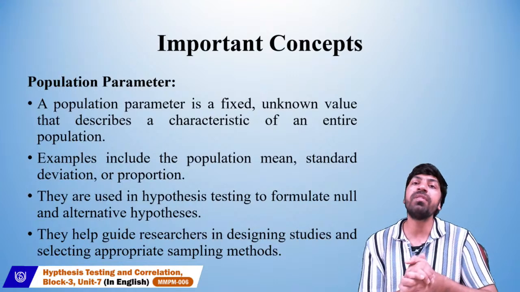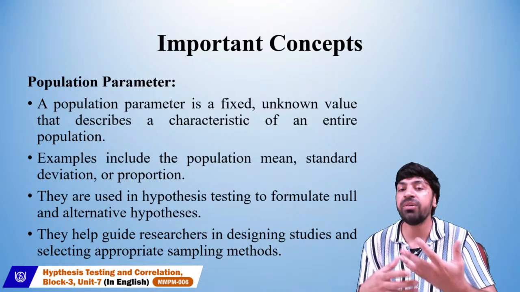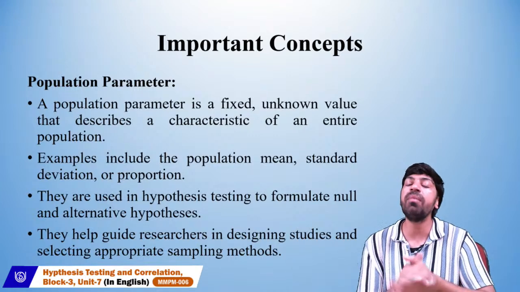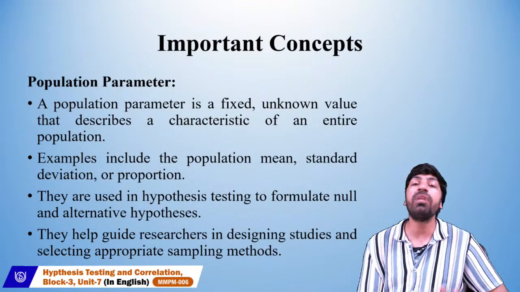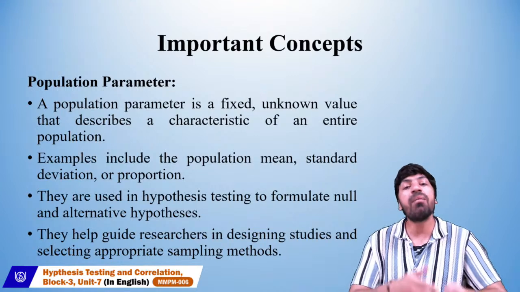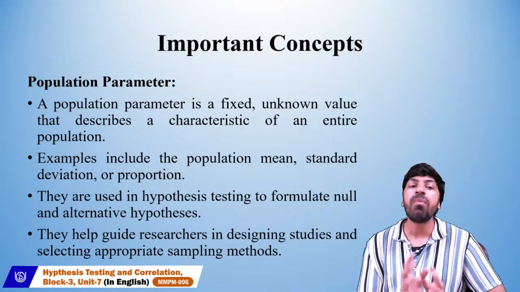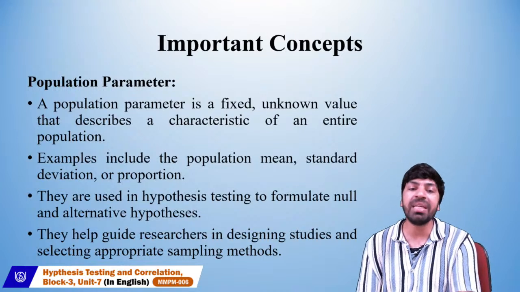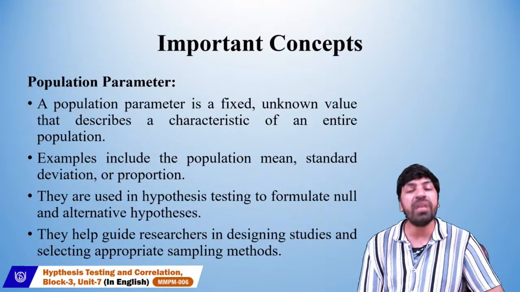Examples of such statistical values, which are unknown values, that could be any numbers, include the population mean, standard deviation, median, mode, any proportion, any ratios, which is called a population parameter. The concept of the population parameter in hypothesis testing is used to formulate the null and alternate hypothesis.